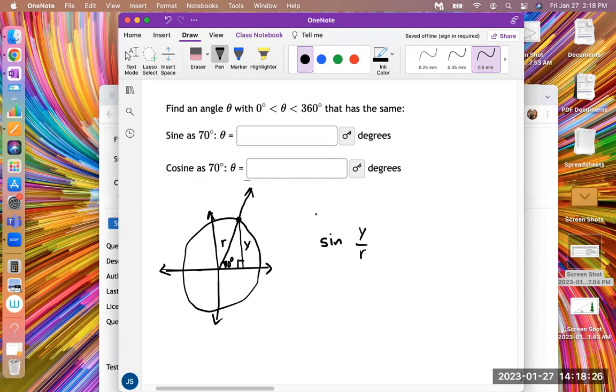Let's talk about sine of 70. This is the regular Cartesian coordinates. So recall that as we go to the right, the numbers on the x-axis get larger and they're positive. As we go to the left, they're negative.